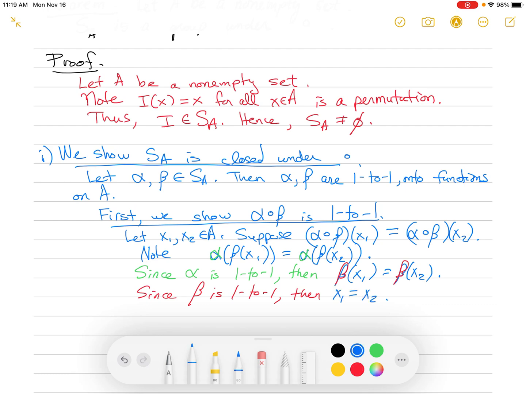Then that means x1 equals x2. So we started off with alpha composed with beta of x1 equals alpha composed with beta of x2. And we've shown that the inputs are the same. x1 equals x2. So therefore, alpha composed with beta is a one-to-one function.